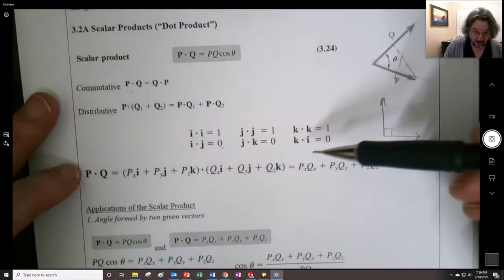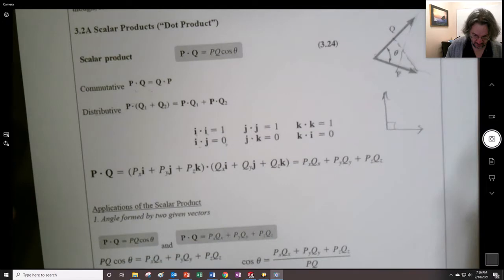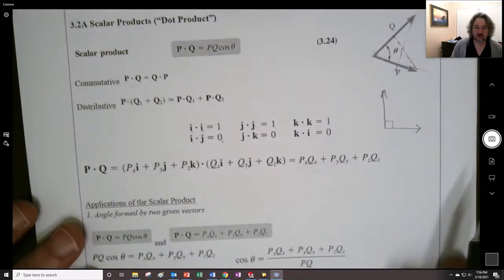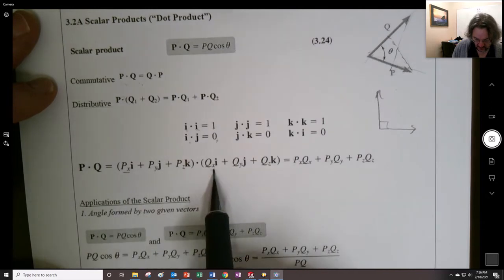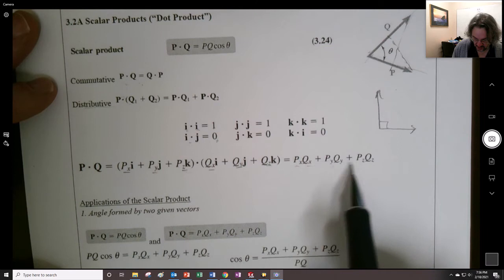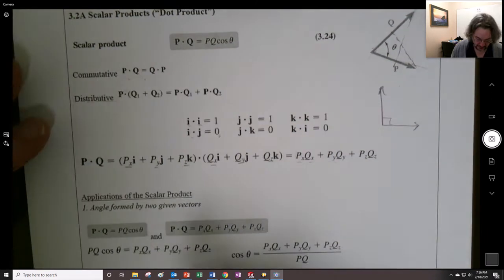These are all interesting traits that we want to pay attention to if we run across the dot product. And as I mentioned before, we take each of these individual components, multiply them by each other, and then add them up together.